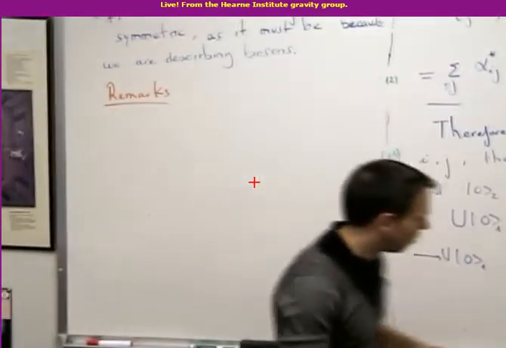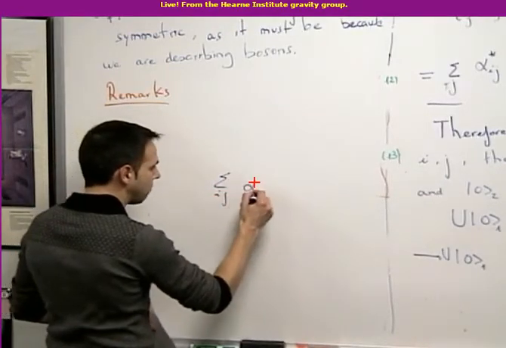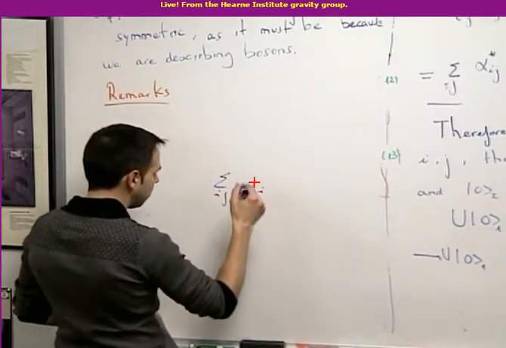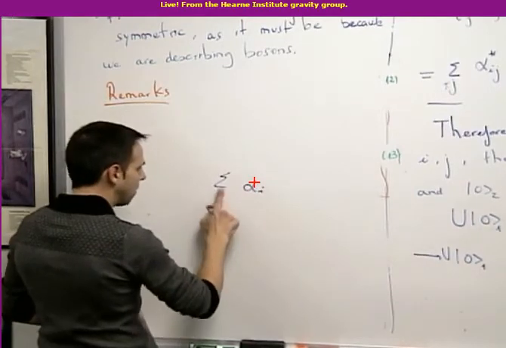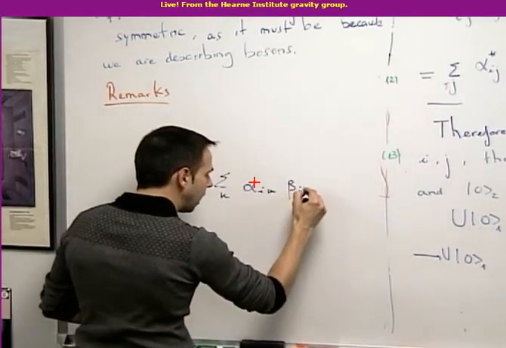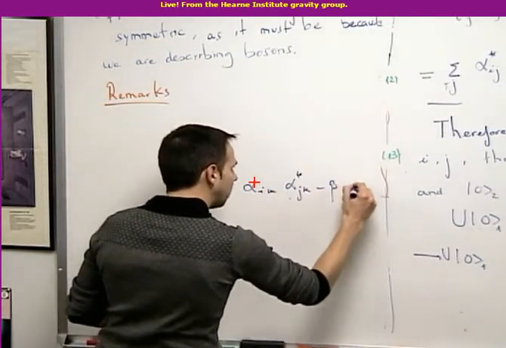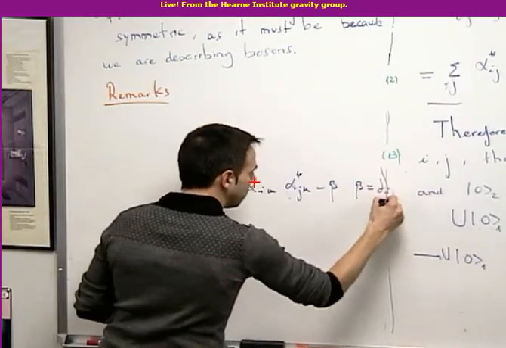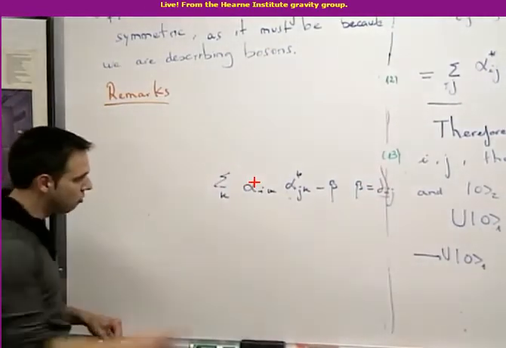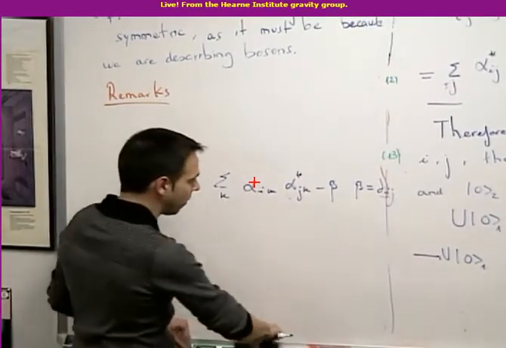It was something like the sum over k of alpha ik beta jk, or alpha conjugated minus beta, equal to delta ij. That is exactly it. If you remove the indices, you get alpha squared minus beta squared equal to 1.